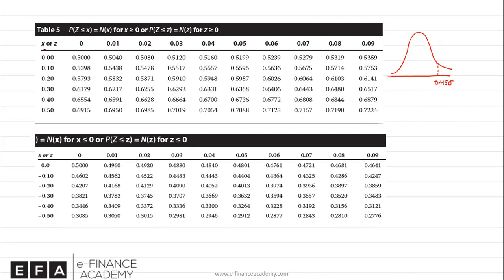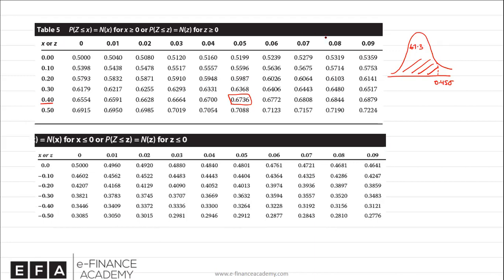If I'm given a positive side table in the exam, and that's exactly what we're looking for, positive side, we want below this. If you notice, we have 0.4 here and 5 right here. So this is 0.45. That means approximately 67.36% of your data falls below 0.45 deviation.